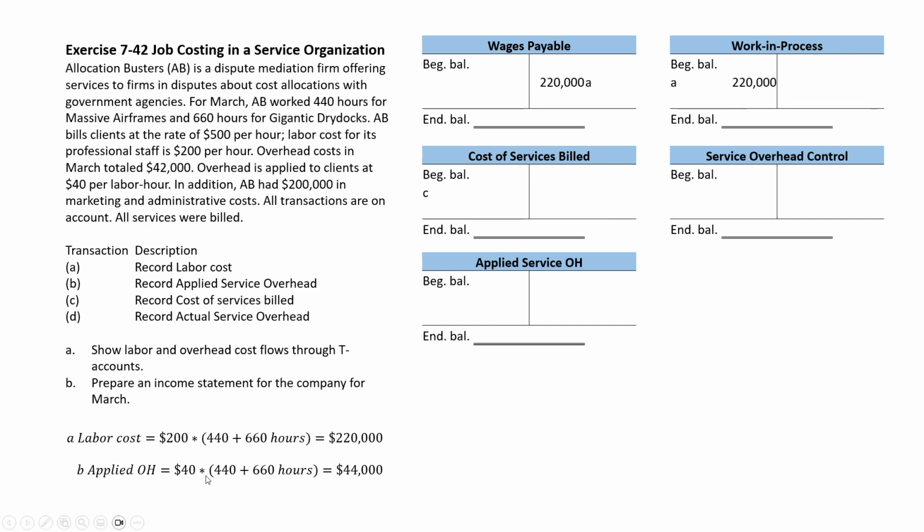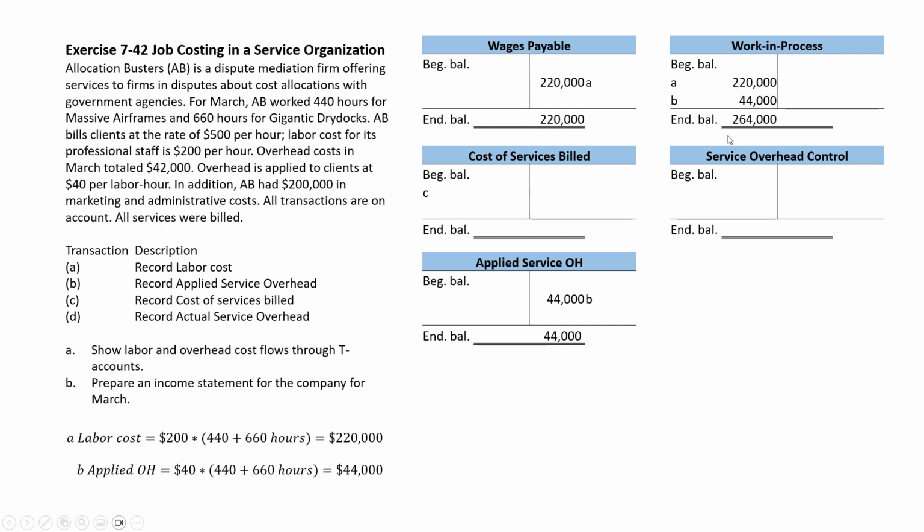I'm multiplying that now by the overhead rate of $40 per direct labor hour. It gives me overhead applied of 44,000. Again, much like a manufacturing company, I'm going to debit work in process for that 44,000 applied and then credit the applied service overhead account for 44,000.